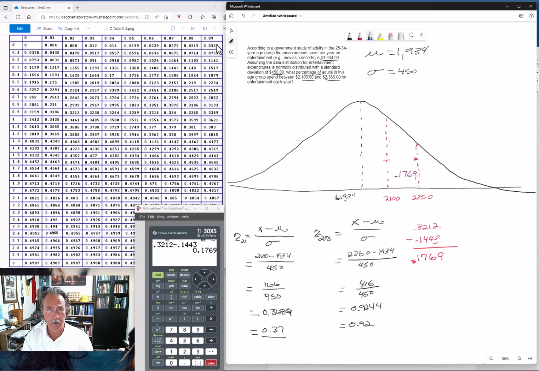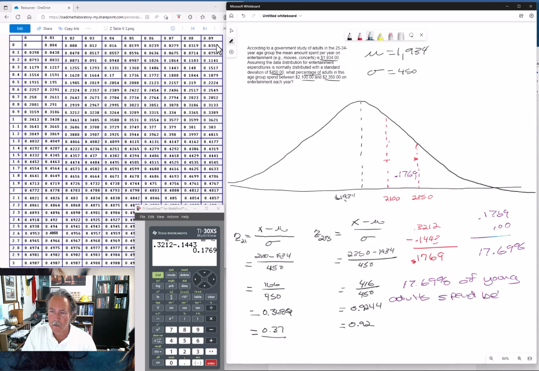So we have the proportion here, multiply that by 100, 17.69. 17.69% of young adults in this age group spend between $2,100 and $2,350 on entertainment each year.